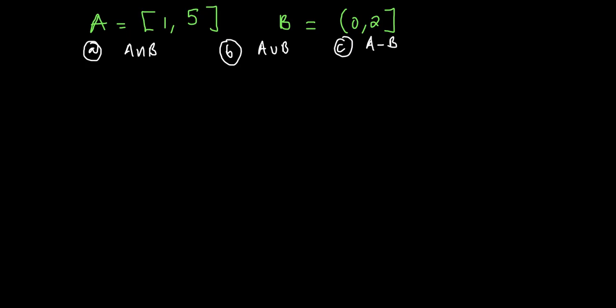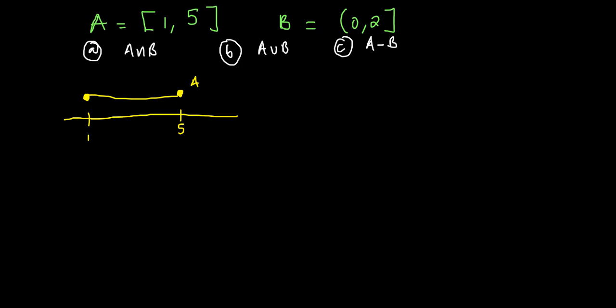These are three. So starting with A intersection B, we are going to write our number line. The set A is from 1 up to 5. So here I'm going to shade, and even here I'm going to shade. This is set A because you can see both were closed.